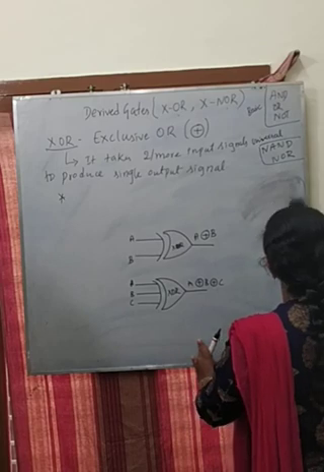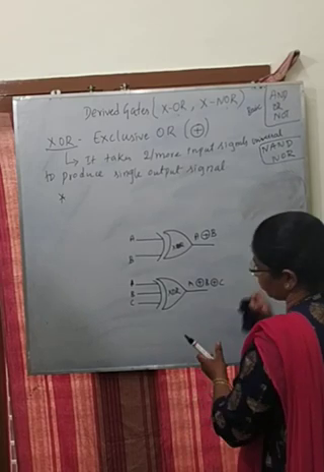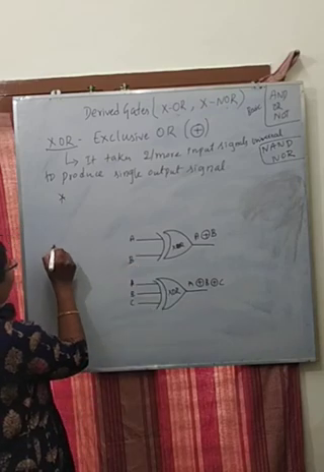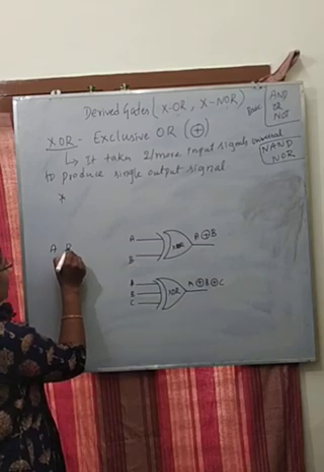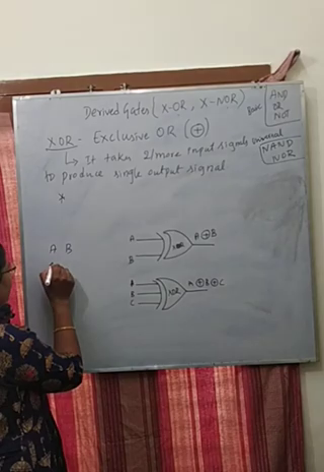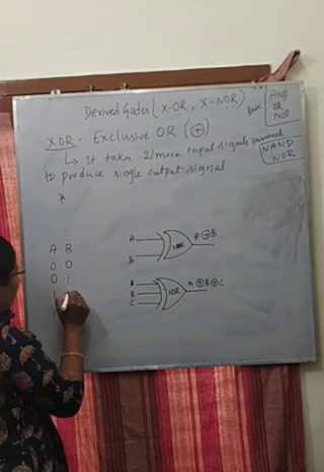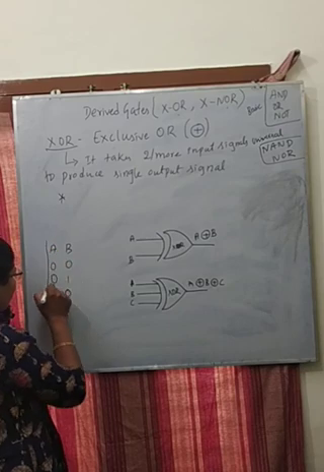So how will you get the output? If it is a 2 variable circuit, how many input possibilities do you get? 4 input possibilities: 0, 0, 1, 1 and 0, 1, 0, 1. This is your input.